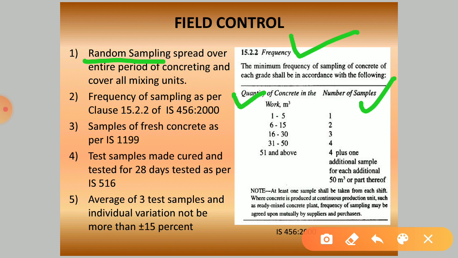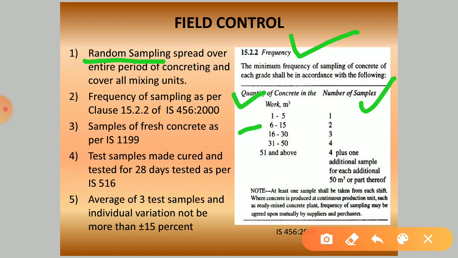Suppose 1 to 5 meter cube of work you have to do, then the number of samples you have to take is 1. Then 6 to 15 meter cube, the number of samples you have to take is 2. Then 16 to 30 meter cube, 3.